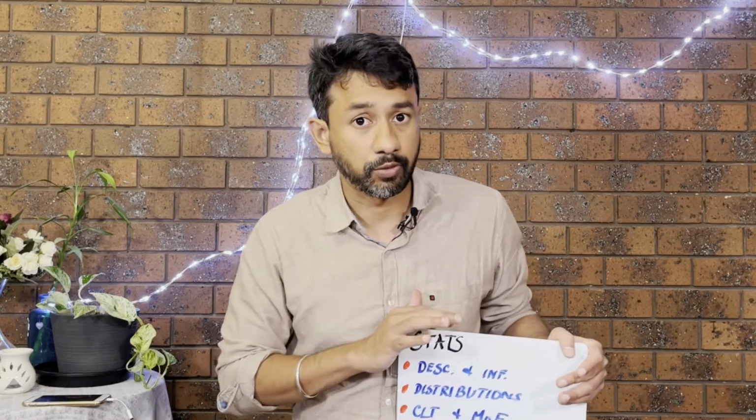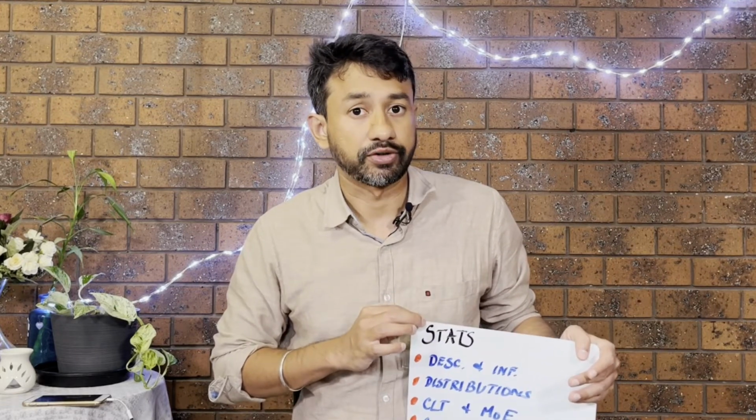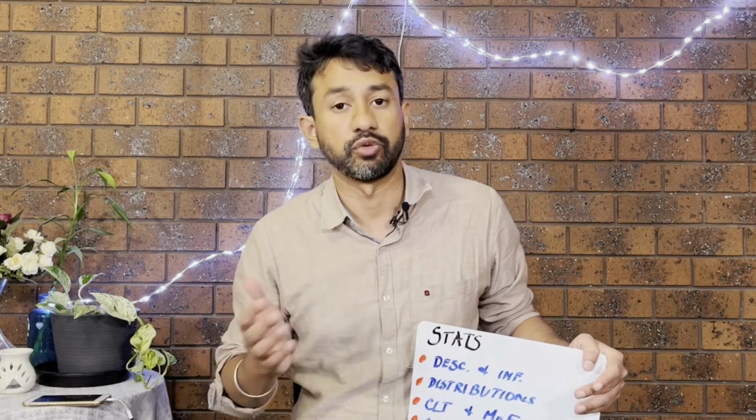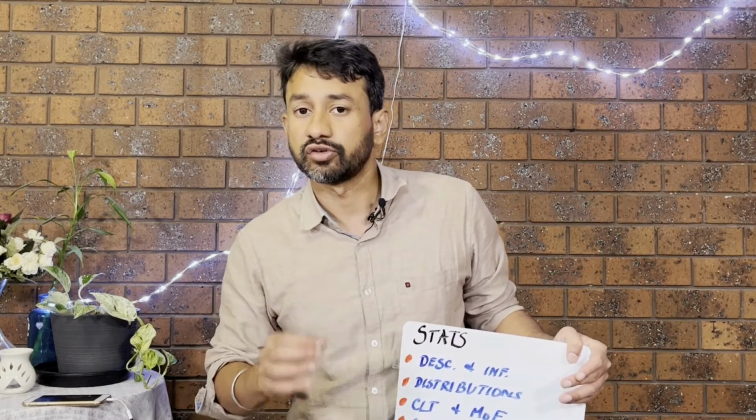It is very important because it has a lot of importance in choosing what kind of algorithm you need to use. Depending upon the distribution of the data set, the choice of algorithm could change. The choice of analysis could change, and hence it's very important for you to understand what are all the different distributions so that you know how your data is being distributed.